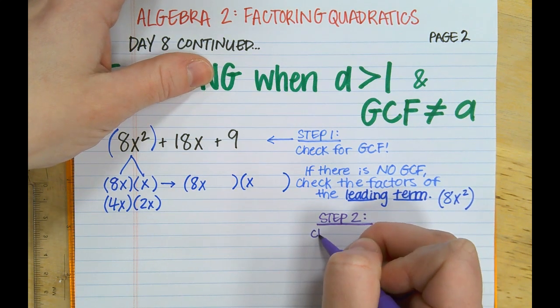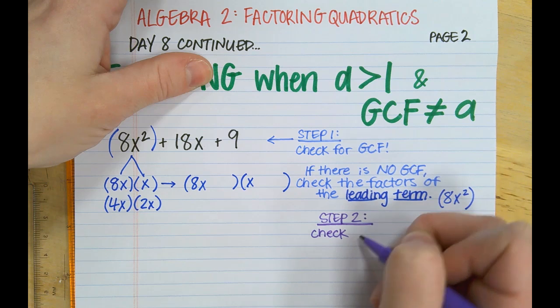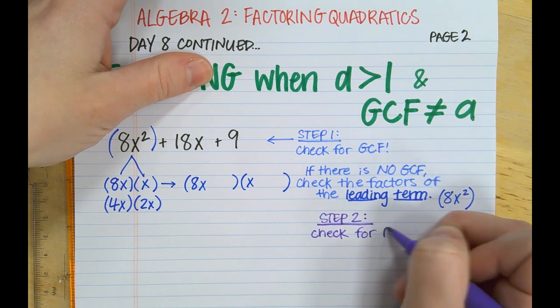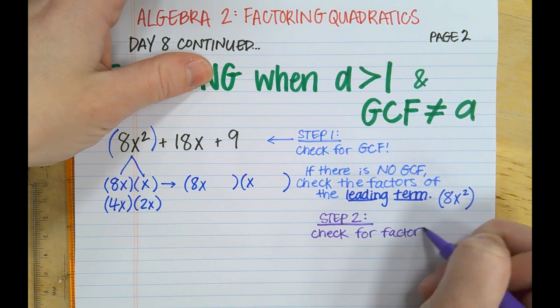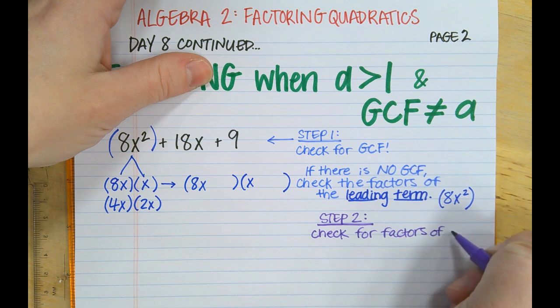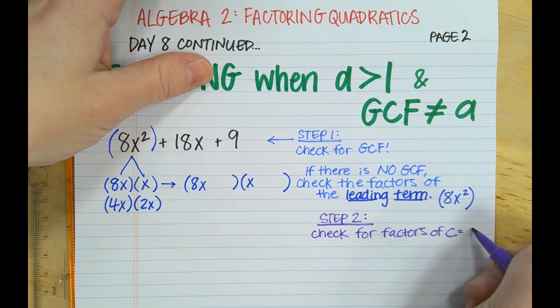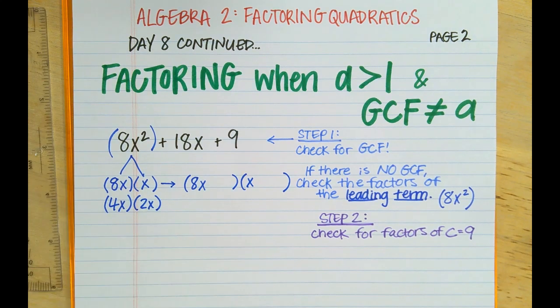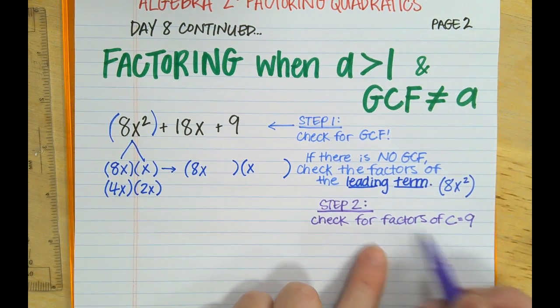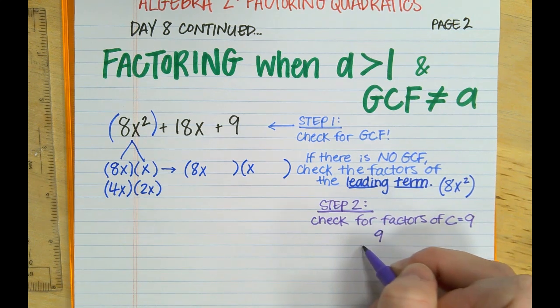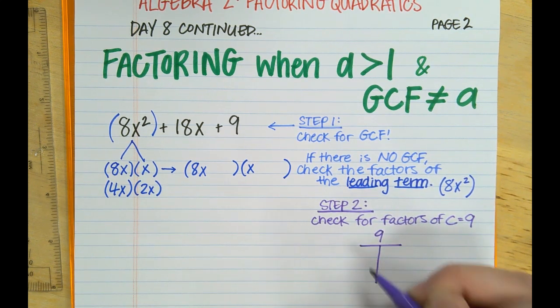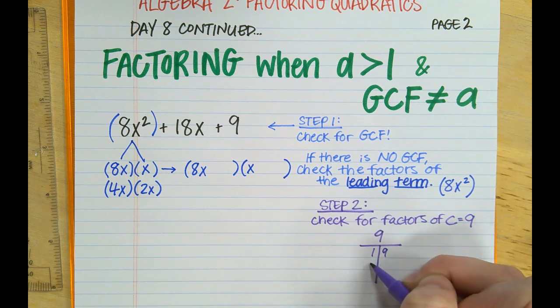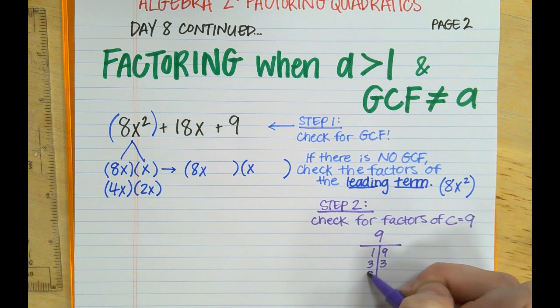So, 1 and 9, 9 and 1, 3 and 3. Check for factors of C, which is 9 in this case. So I am going to go ahead and do that step right under here. 9 could be split up into 1 and 9, 3 and 3, or 9 and 1.